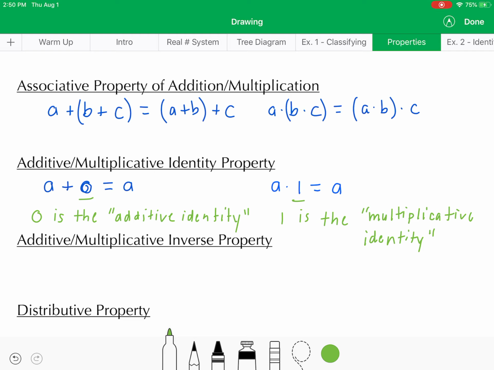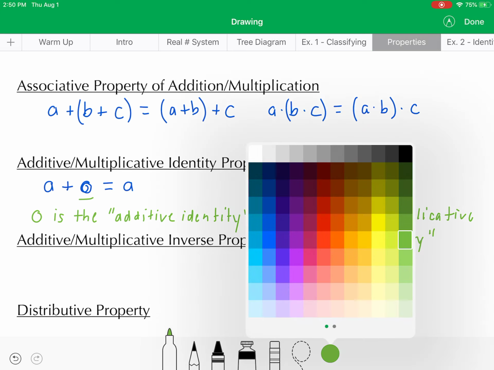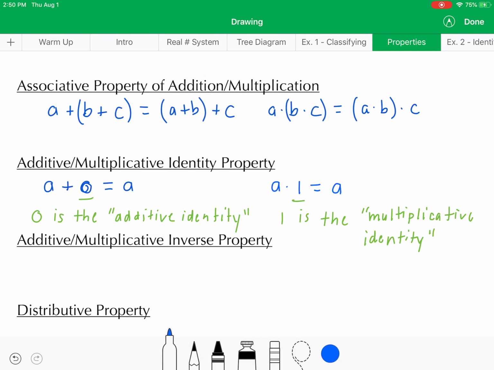Next set of properties are the additive and multiplicative inverse properties. If I take a and I add it with its negative, what's the result going to be? 0. So a and negative a are referred to as additive inverses of one another.